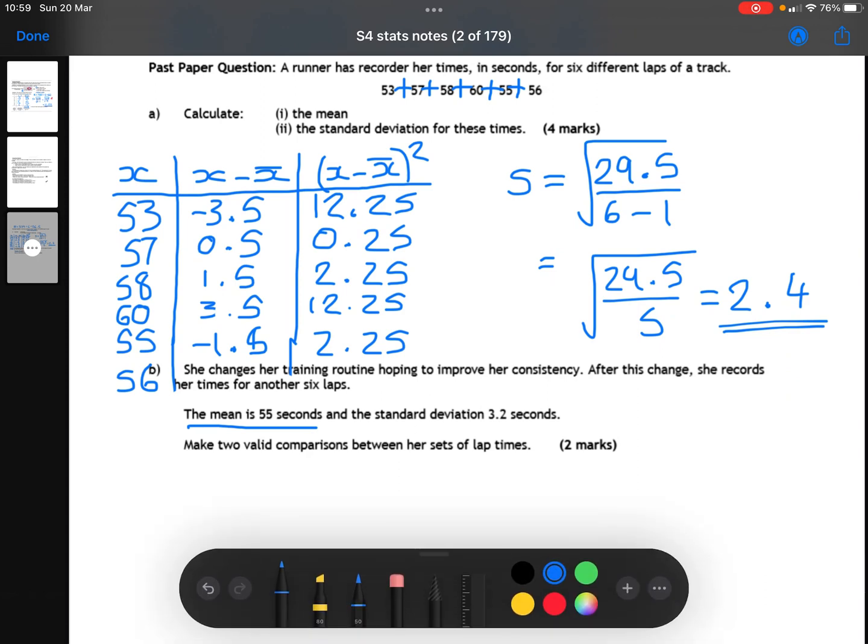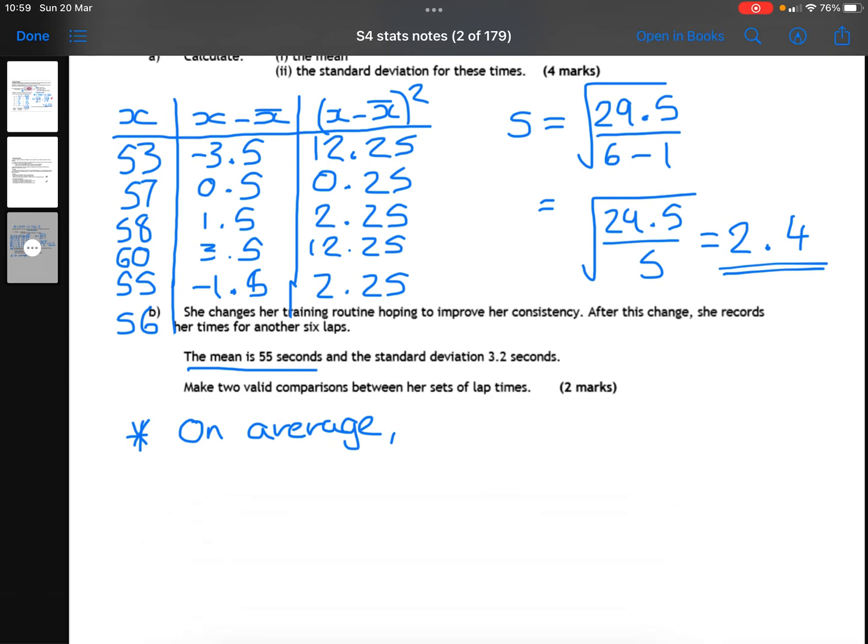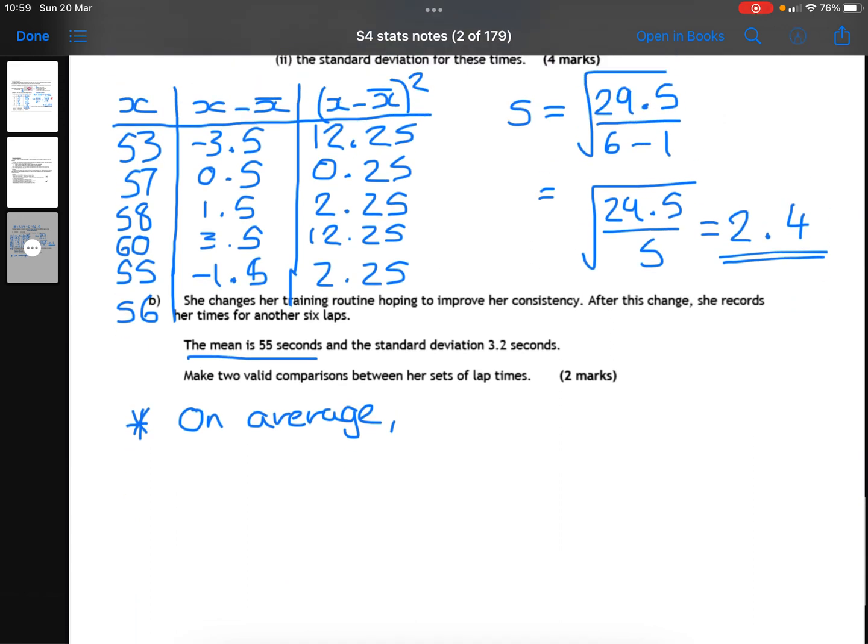Okay, so we're asked to make 2 valid comparisons. One is a comparison of the means. It's very important that we don't say the word mean here, and instead we refer to these as averages. Okay, so on average, and then we've got to compare our statistics. So on average, after her training programme, she was faster because her 55 seconds was less than the 56.5 seconds.